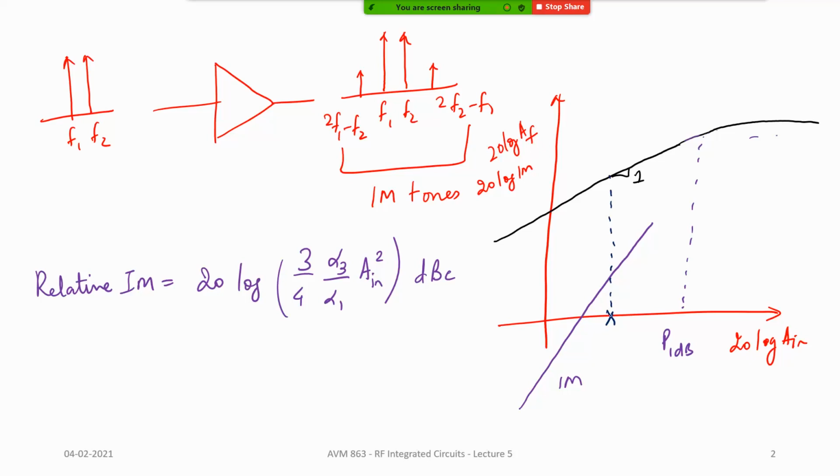One more company might say, I will do it even at minus 20 dBm and show that my relative IM is extremely good. So unless you are able to normalize all these things in a certain way, you are really not going to be able to make a correct judgment as to which amplifier is more linear or not, right?